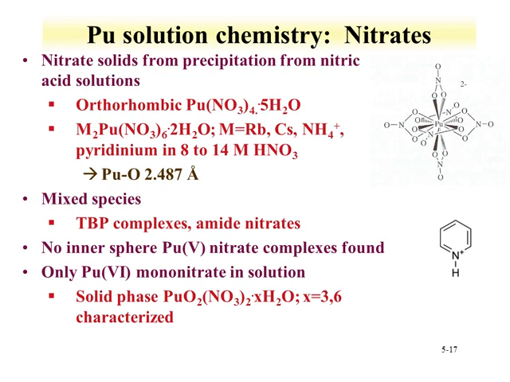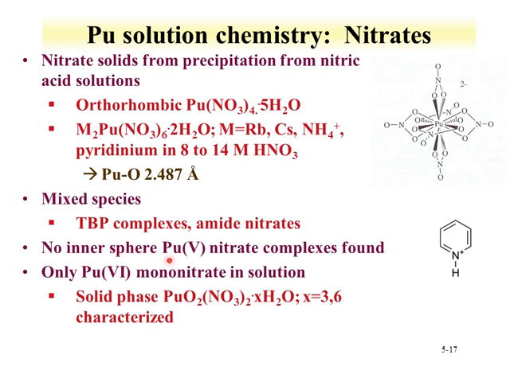The nitrates can also be formed and precipitated from nitric acid solutions. So high nitric acid solutions with high plutonium concentrations can form precipitates, which are these neutral species with water coordination. And then mixed species can be formed, for instance, tributyl phosphate with plutonium nitrate in the organic phase.